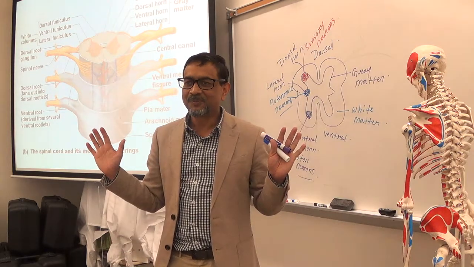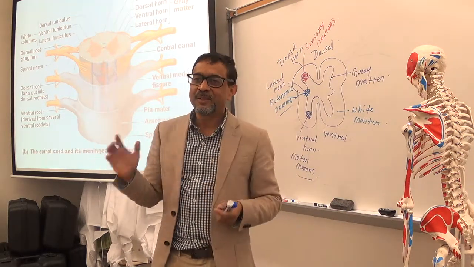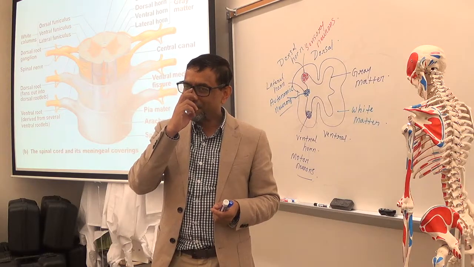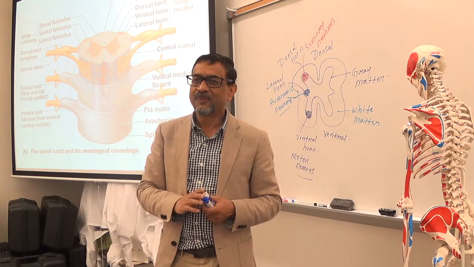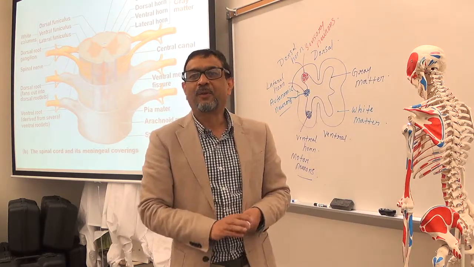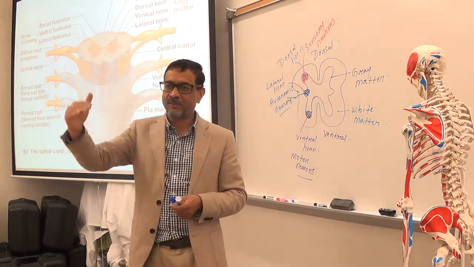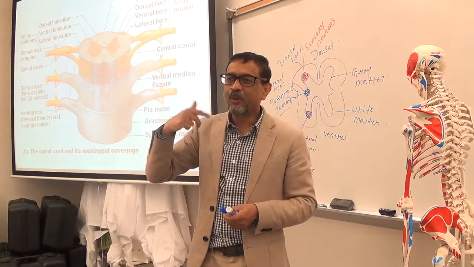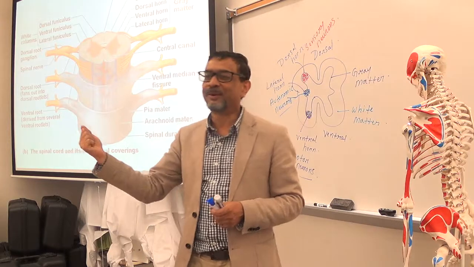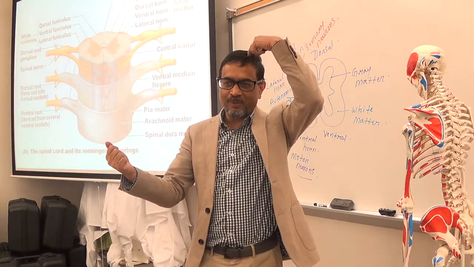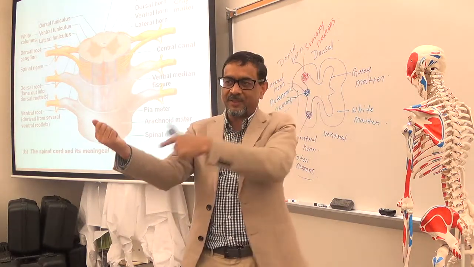We know sensory and motor, but then we want to know autonomic. Yeah, when we classified the nervous system, you remember, the motor could be two types, voluntary and involuntary. Voluntary motor goes, for example, from the brain to the skeletal muscle.